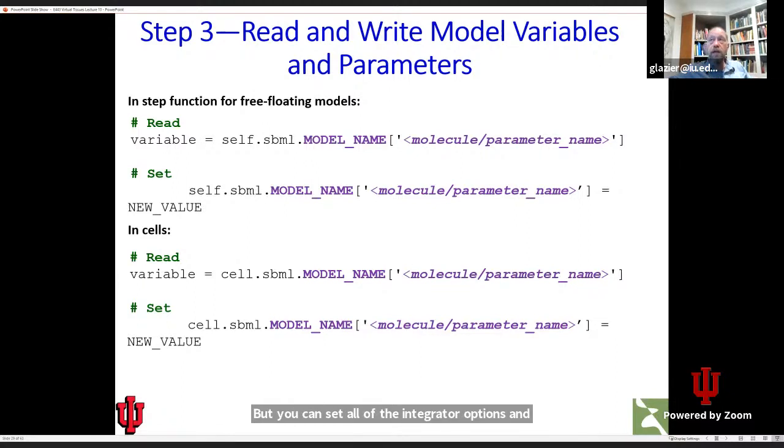And then to read and write variables, the syntax is almost the same for free-floating and cell-bound models. For a free-floating model, I use self.sbml, the name of the model, because there might be more than one, and then a dictionary entry keyed to whatever the name of the variable or model was.